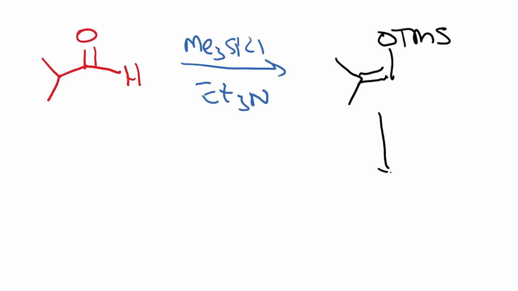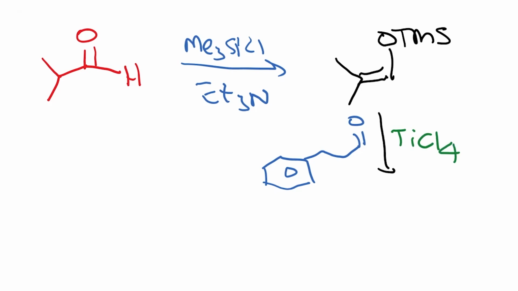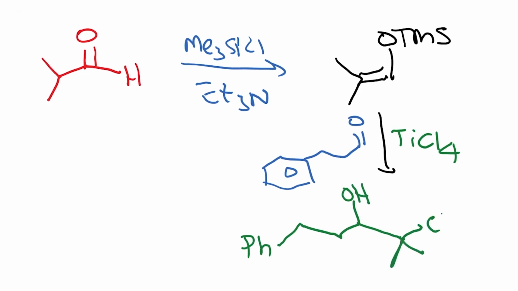OTMS. Now we can then go ahead and react it with the aldehyde of choice, which is basically this, right? And keep in mind that this reaction doesn't go unless you add a Lewis acid like titanium tetrachloride, and the product that is formed is Ph, CH2, CH2, CH2OH, CHO.